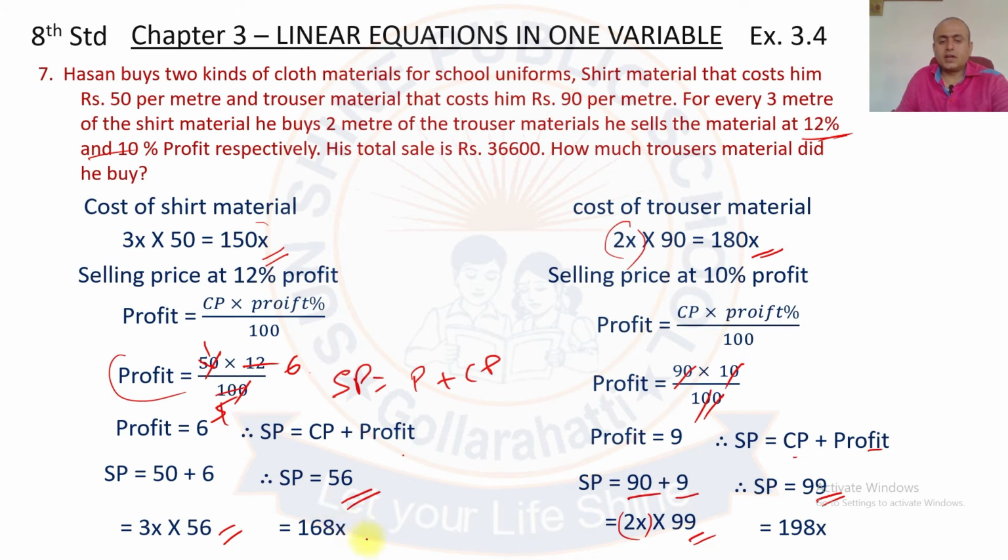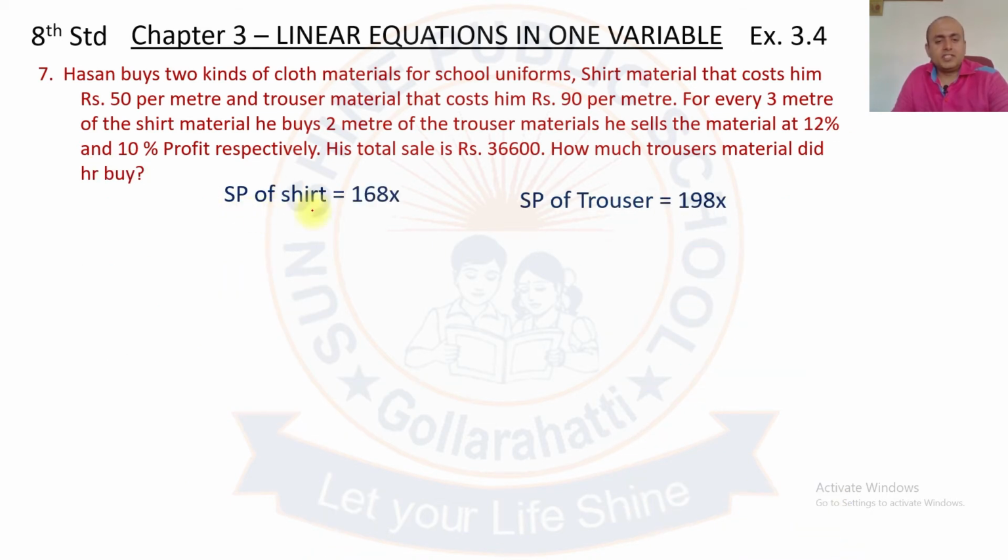Therefore, we got the total selling price of shirts and trousers, that is 168x plus 198x. With the help of these two, we can find how much trouser material he bought. Selling price of shirt is 168x, selling price of trouser is 198x. Total sales is 36,600.